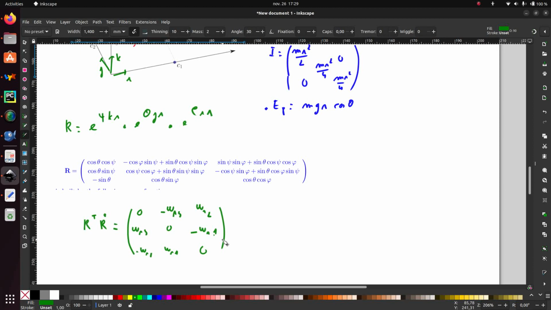So if I compute R, I have an expression for R, and I will have an expression for R dot. I will not do it here, but I thus have an expression for this.